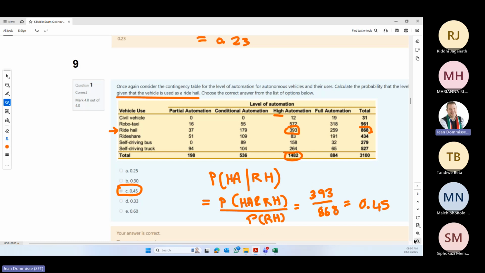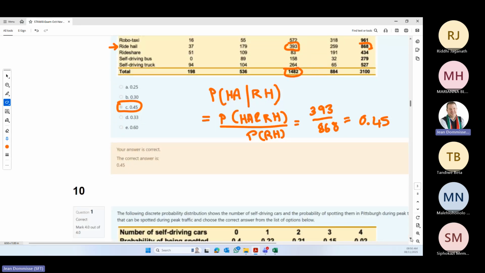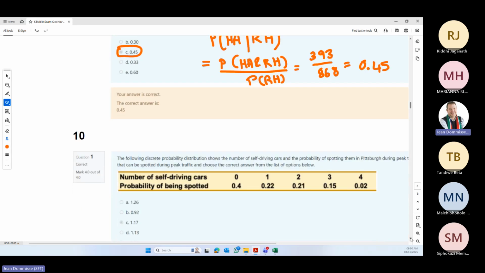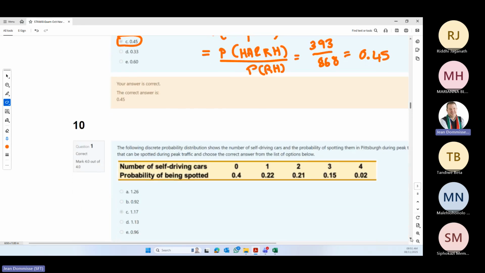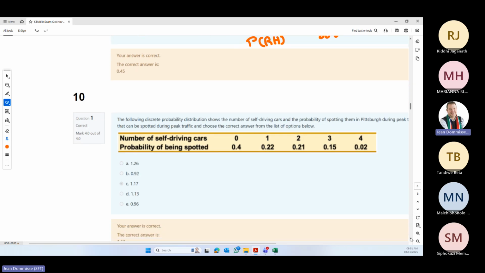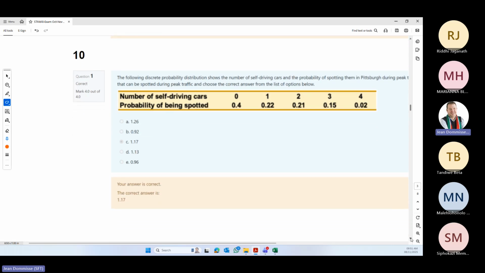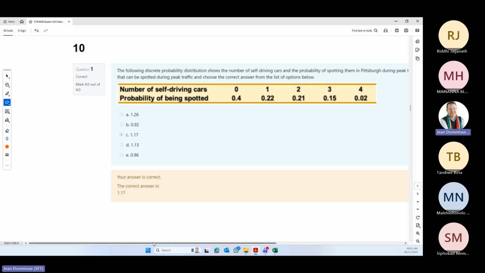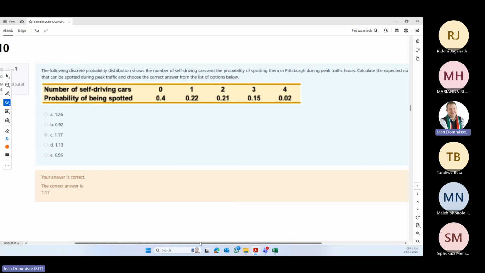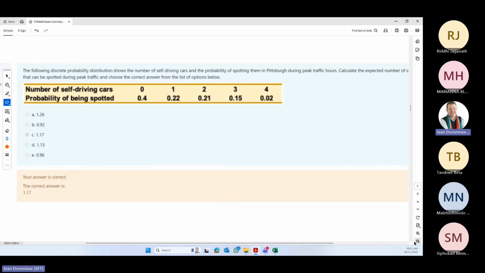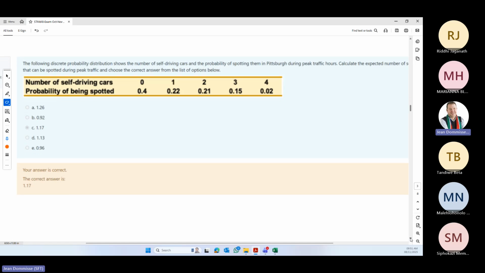Okay, so that was now three probability questions. One was looking at your permutations, all those kind of things. Then one was looking at the or, and the other one was looking at the given probability statement.